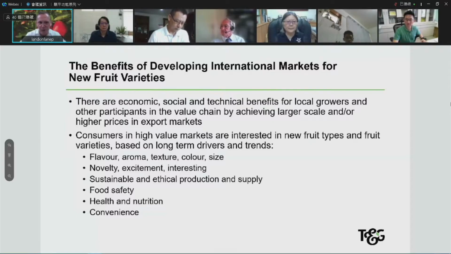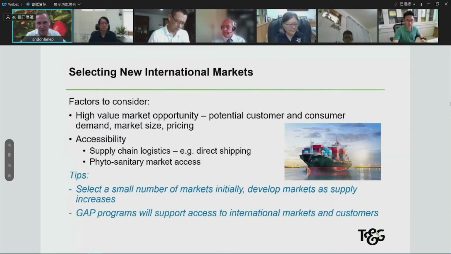They're also looking for novelty, something that makes a category interesting or exciting, not boring. They're also looking for food products that are sustainably and ethically produced and supplied to them. For example, fair trade certified fruit could be seen to be different compared to a fruit that does not have that certification.